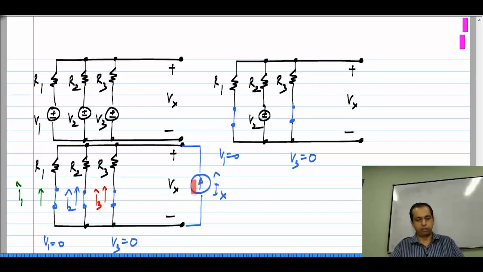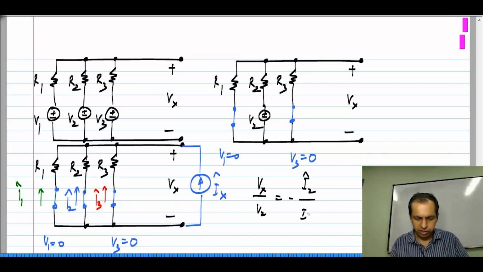I apply a current from this side and I simply have to calculate these three currents. And that is very easy, right. So, for this reciprocal case, I know that V x by V 2 exactly equals minus I 2 hat by I x hat.